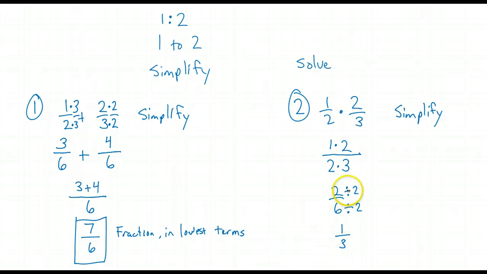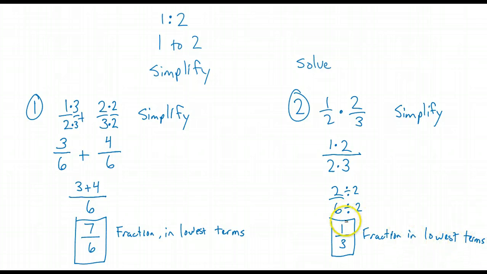Notice if I divide my numerator by 2 and divide my denominator by 2, I'm really dividing by 1, and I can take any number and divide by 1 and get the original number. 2/6 and 1/3 are equivalent, but 1/3 is my correct answer. It's a fraction in lowest terms. Lowest terms just means I don't want the answer 2/6. My answer is 1/3.